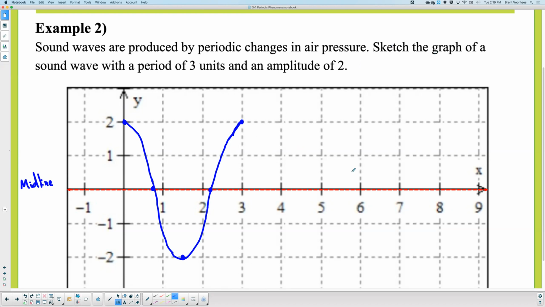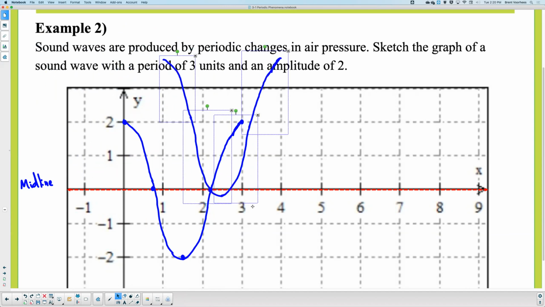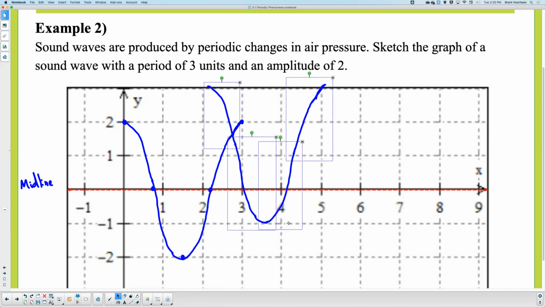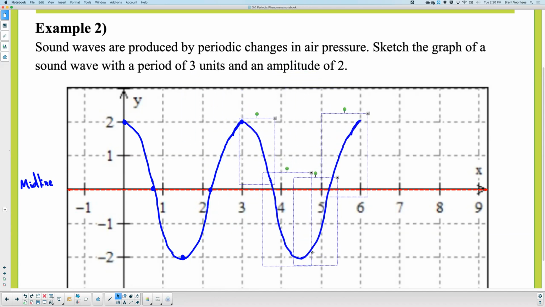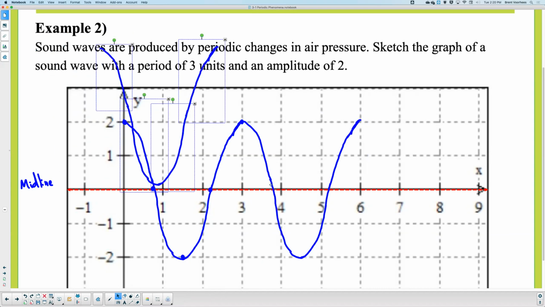Now let's sketch the graph all the way to the end. How many cycles should I be able to get in this graph? I should be able to fit in 3. Just to make mine a little bit more accurate, I want to try to copy and paste all mine and see if it works. So you go ahead and just draw yours out. Here's the second cycle, and I'll do it one more time for a third cycle.